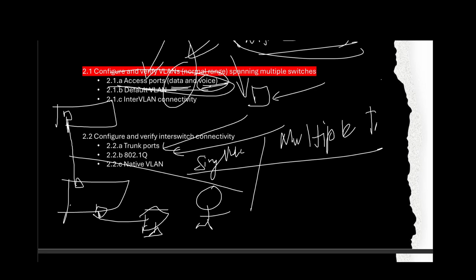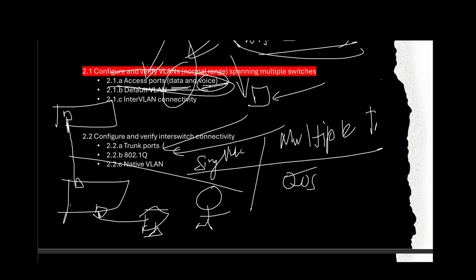And aside from that, on the voice VLAN there will be a configuration for QoS, with priorities for how we could prioritize voice traffic. That's also another option for the voice VLAN.